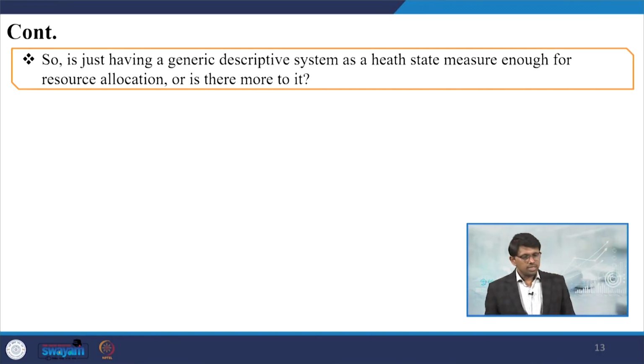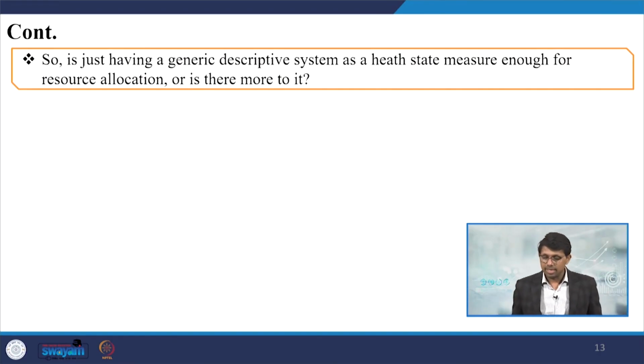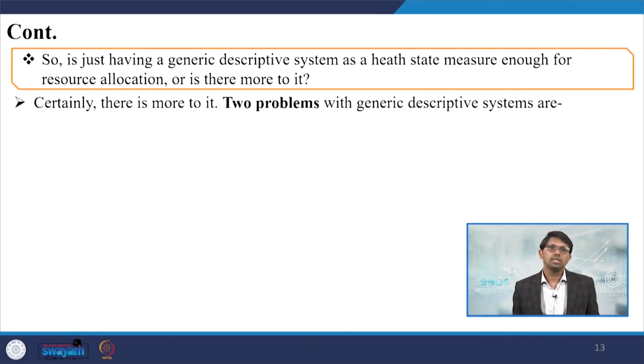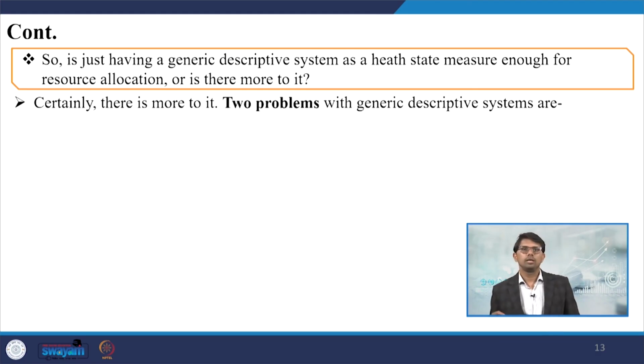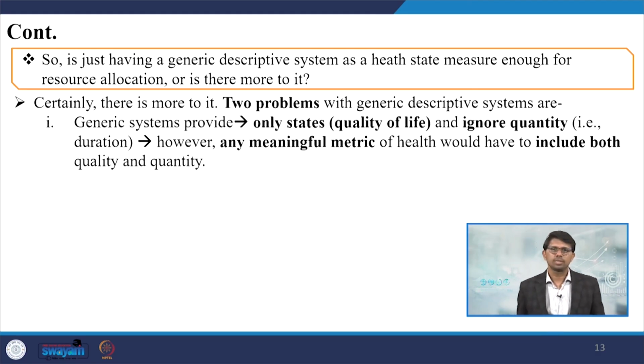So, is just having a generic descriptive system as a health state measure enough for resource allocation, or is there more to it actually? Certainly, there is more to it. Two problems with generic descriptive systems are that the generic system provides only states, that is quality of life, and ignores quantity, that is the duration.